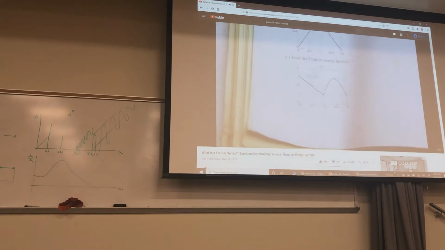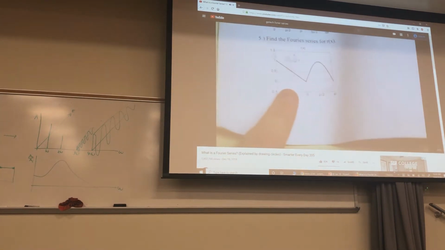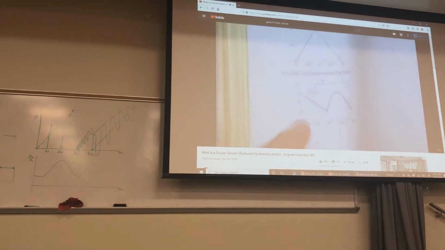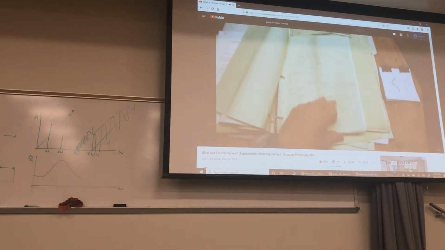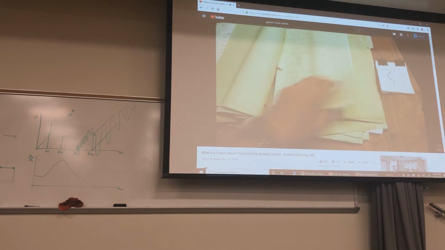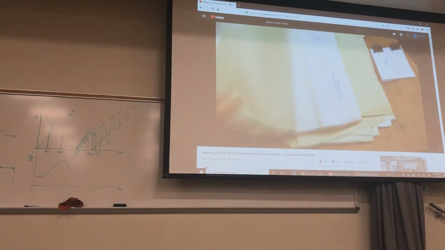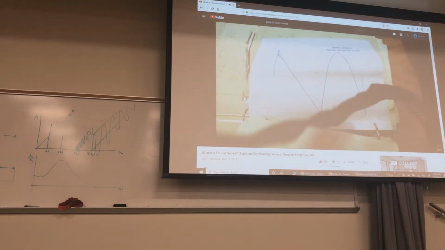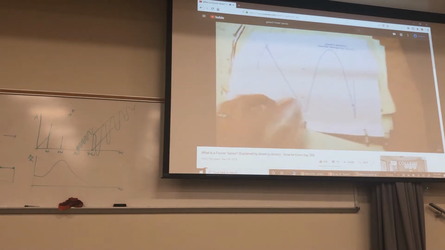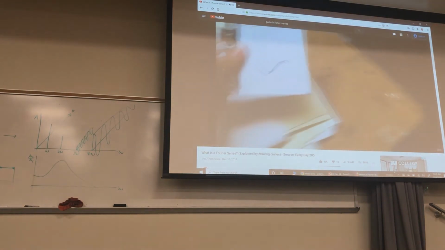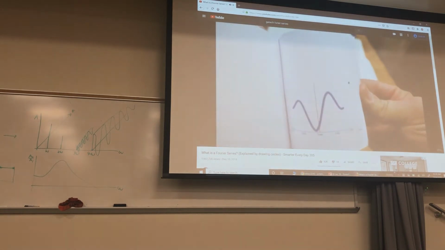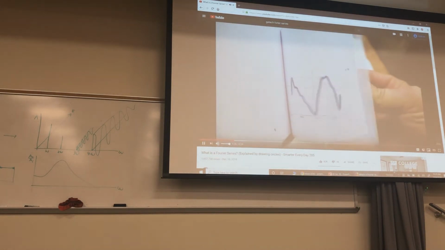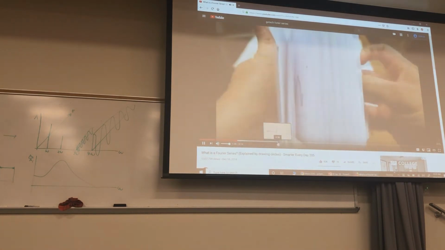It took me 4 or 5 pages, and I ended up with this. I was able to make the graph by adding together a bunch of waves. And to demonstrate that, I created this kind of triangle.